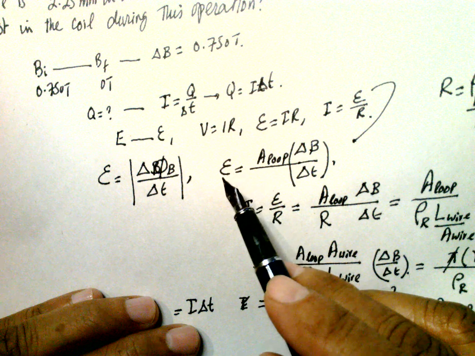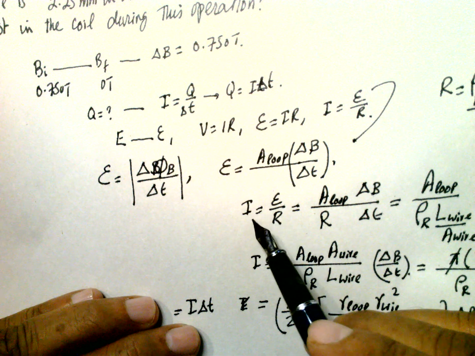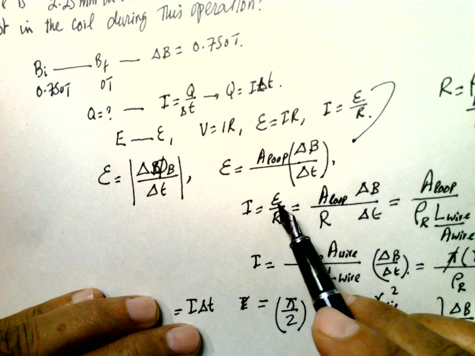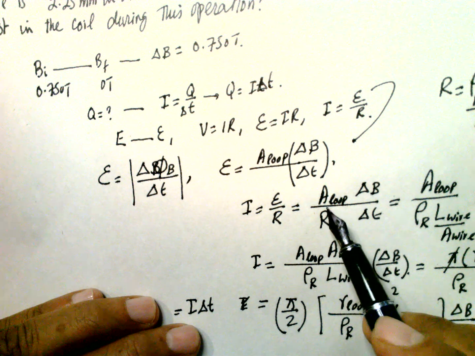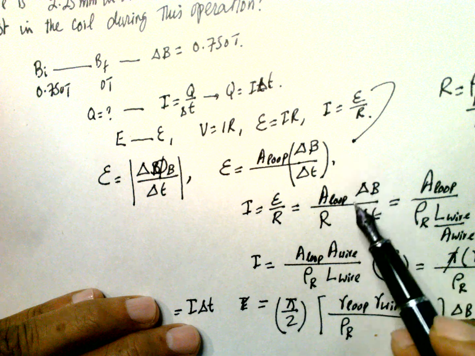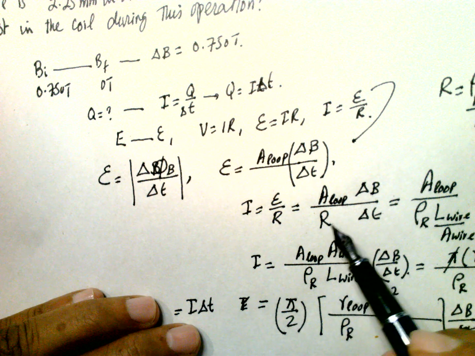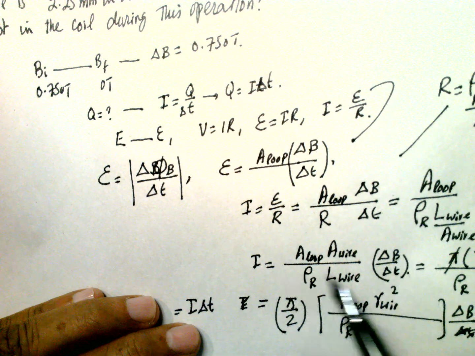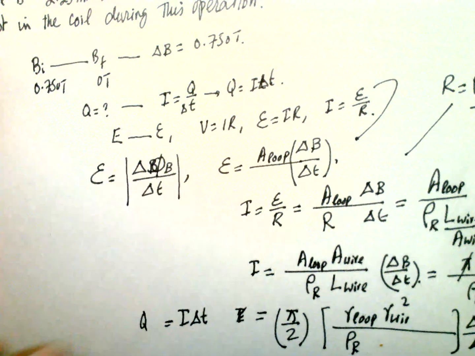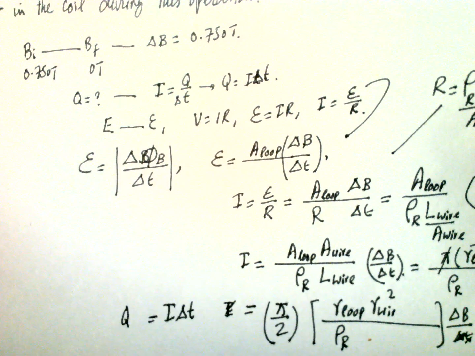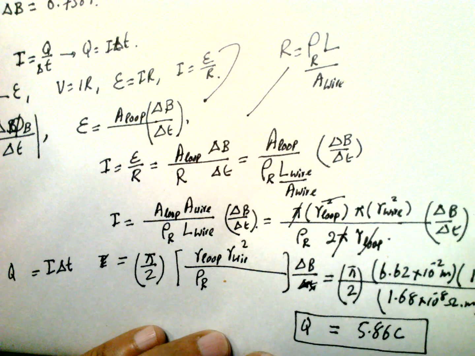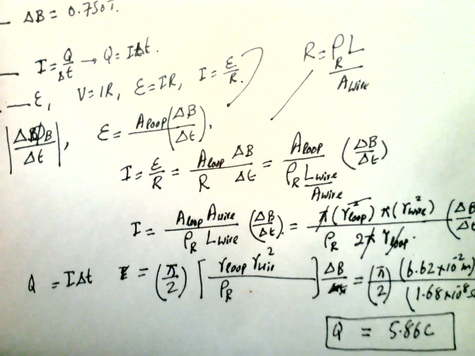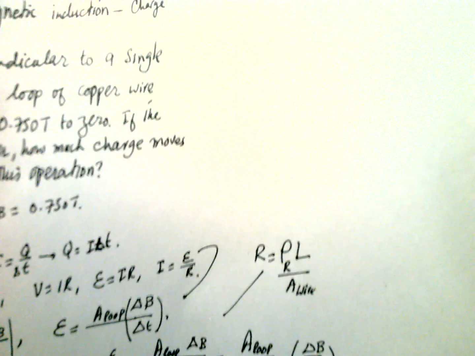This EMF divided by R will give us the current. Substituting the value of the EMF and R and then simplifying, we get the formula and the final result for the amount of charge in the wire.